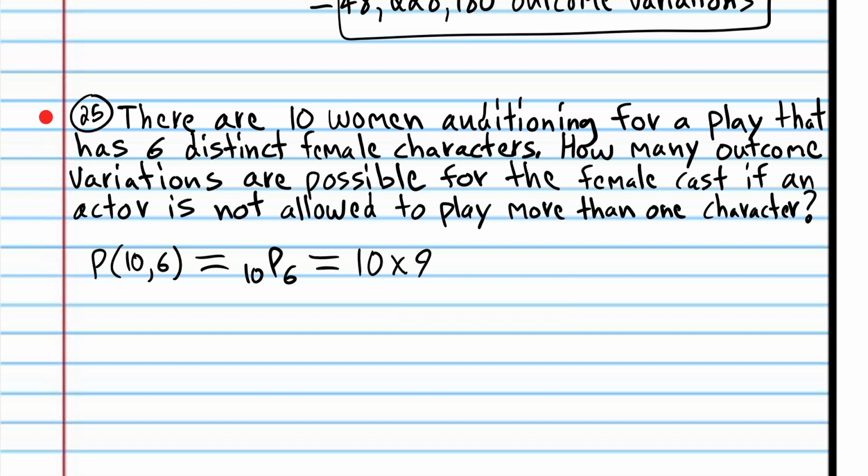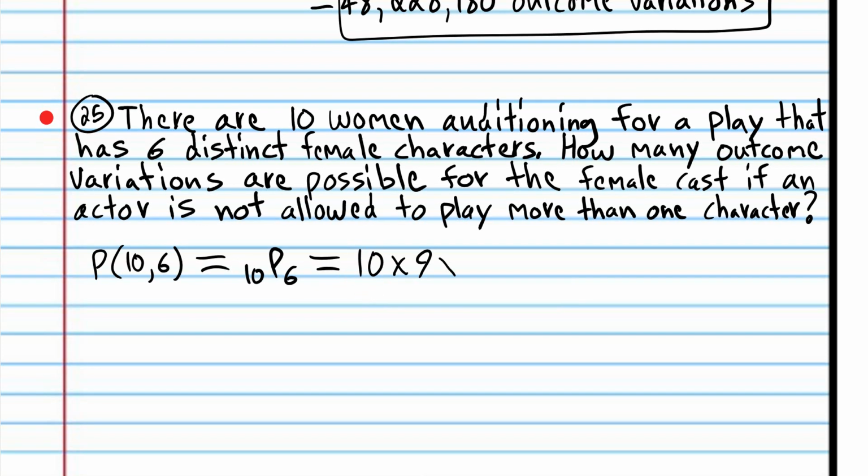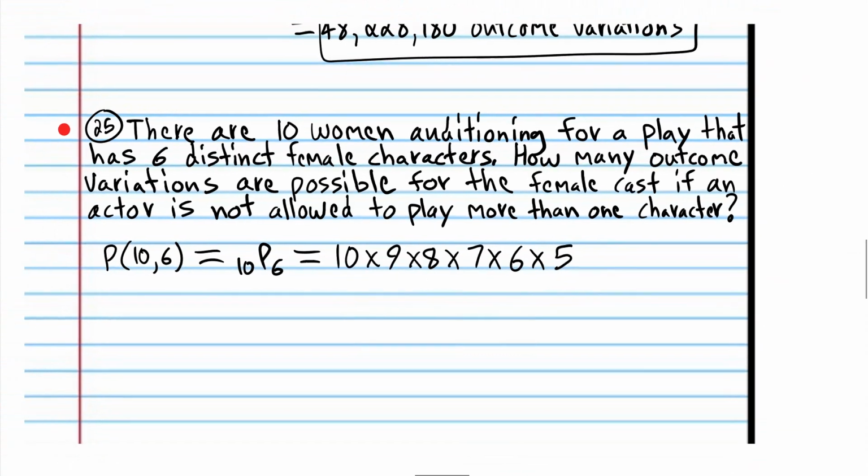So once we choose an actress for one part, we can't choose her for the next part. So then we have the third woman, and the fourth, and the fifth, and the sixth, and so on and so forth. So 1, 2, 3, 4, 5, 6, and that is the answer.